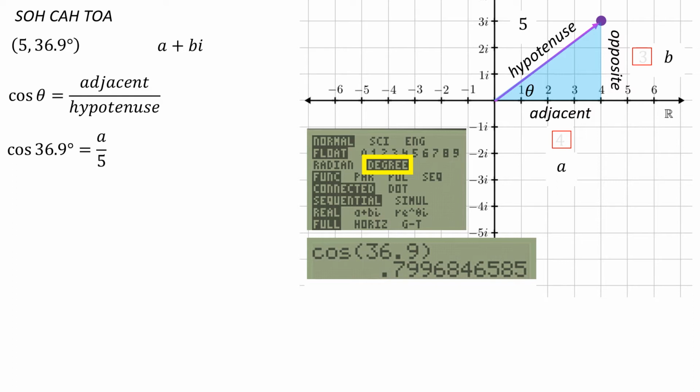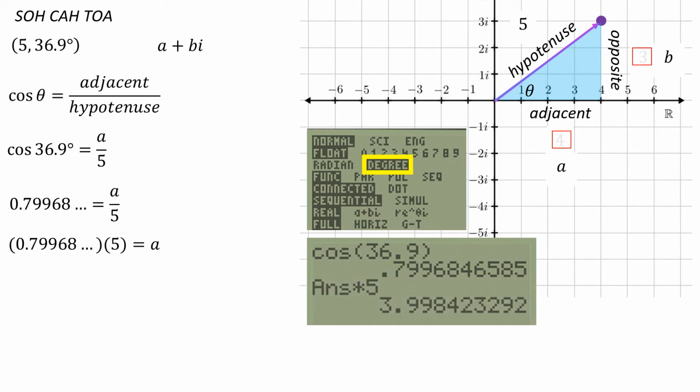But I can figure out a close approximation for the cosine of 36.9 degrees. And of course, I can then multiply that by 5. And I get about 3.998, and it keeps going. Hey, that number is really, really, really close to 4, isn't it? That's how I can backtrack and get that 4.